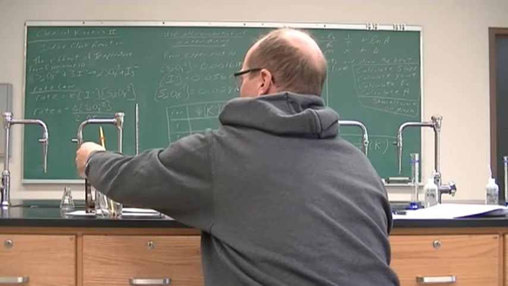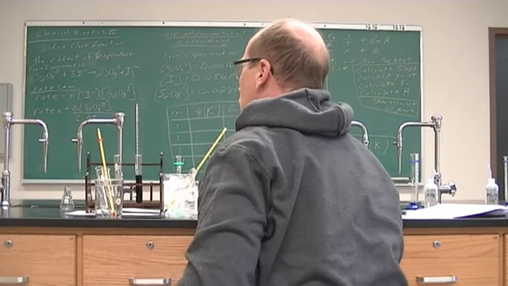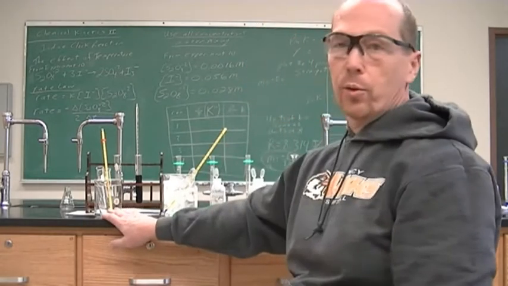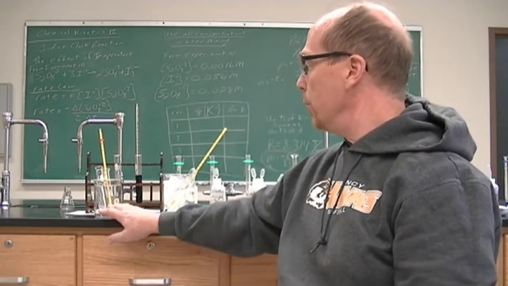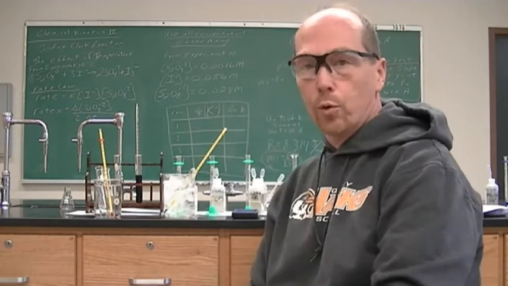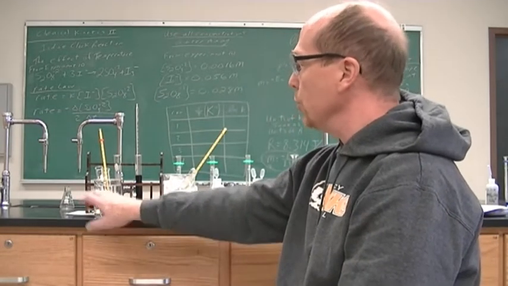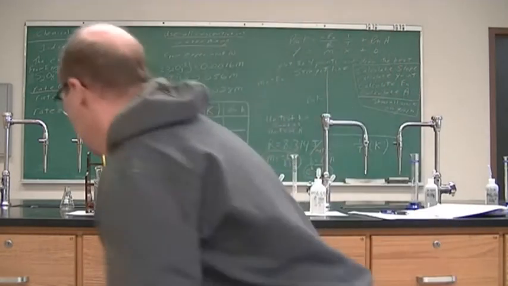Let's see where we're at on this one. So in this one, what we had to do is 10 degrees below room temperature and 10 degrees above room temperature. So I have my cold water solution and I have my warm water solution.